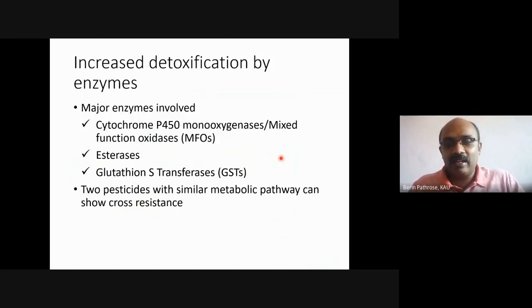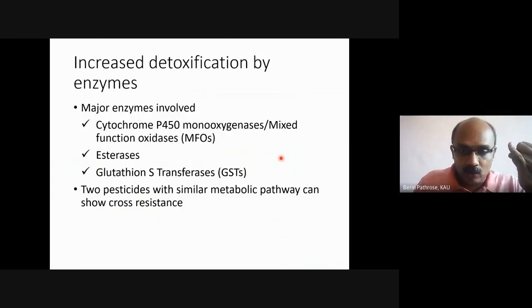Every plant has one or the other secondary metabolite. Take the case of cucurbits, they have cucurbitacin. Only those insects which have the ability to detoxify cucurbitacin can feed on cucurbits. So this is the peculiarity of each plant, and the insect has developed the ability to detoxify that, and that detoxification is being carried out by enzymes such as cytochrome P450 monooxygenases.